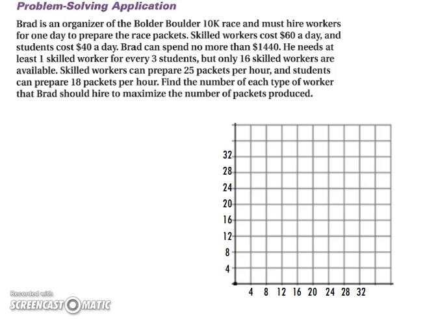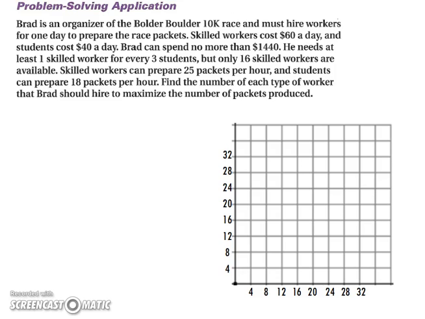He needs at least one skilled worker for every 3 students, but only 16 skilled workers are available. Skilled workers can prepare 25 packets per hour, and students can prepare 18 packets per hour. Find the number of each type of worker that Brad should hire to maximize the number of packets produced.